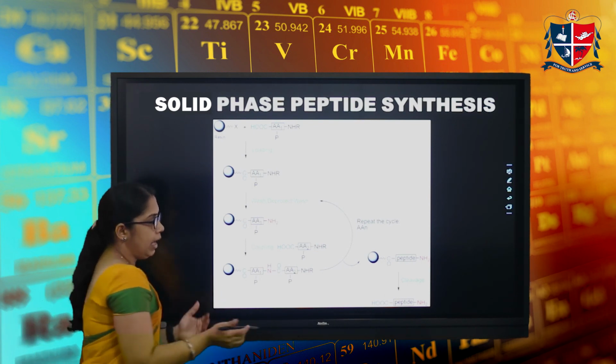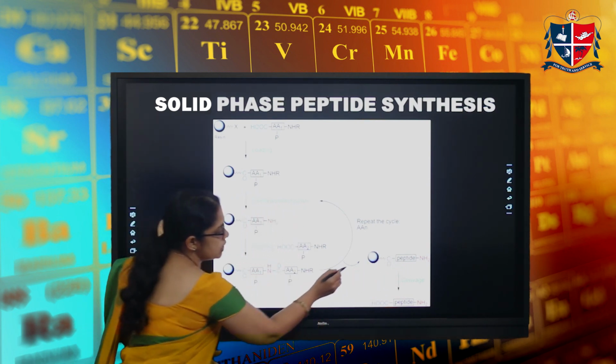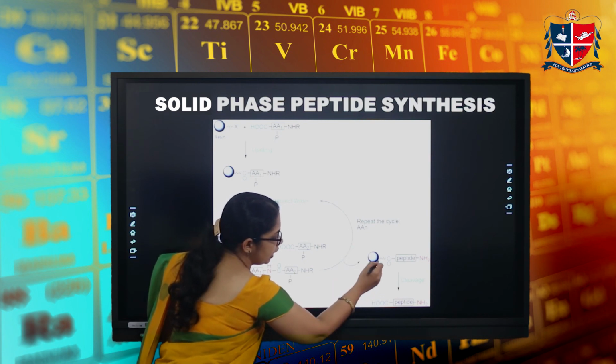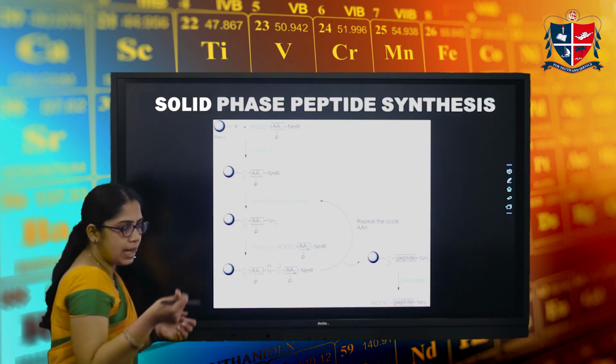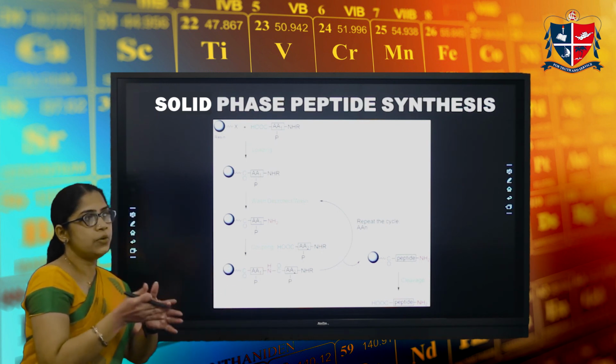This polypeptide can be cleaved from the support. From this support, you can cleave the polypeptide by using suitable reagents.